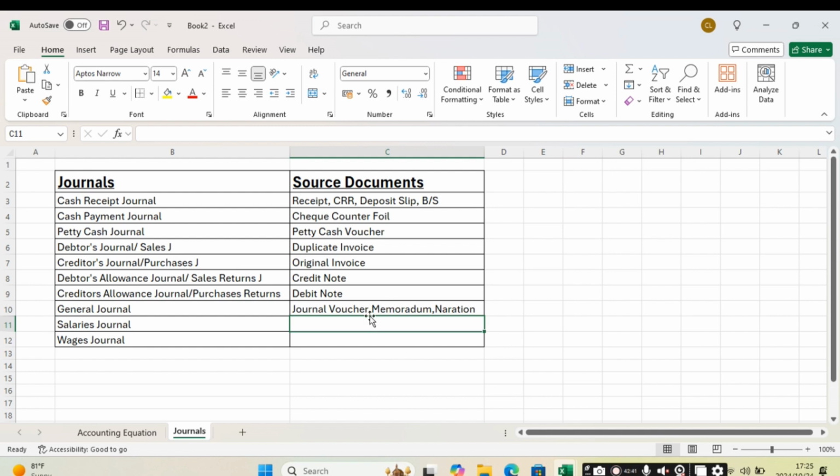Okay, so moving on, we also have our salaries journal and wages journal. We can just merge these two, because the source document is simple: the pay slip.